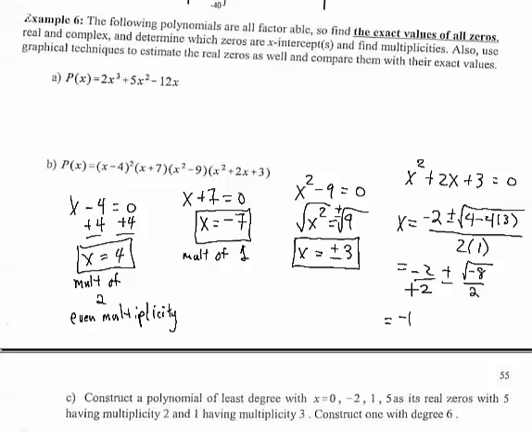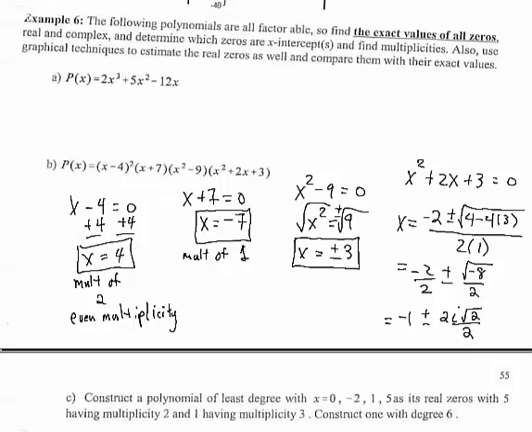We could rewrite this as negative 1 plus or minus. This negative inside the square root would result in an i. And then to simplify the square root of 8, we would have a 2 and then a square root of 2, and that would be divided by 2.